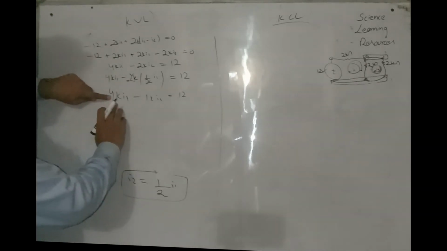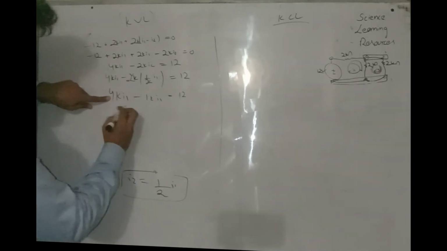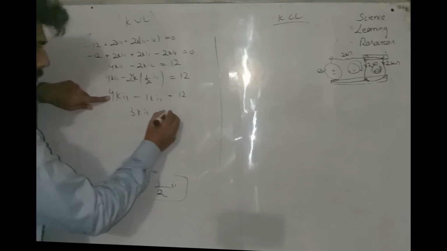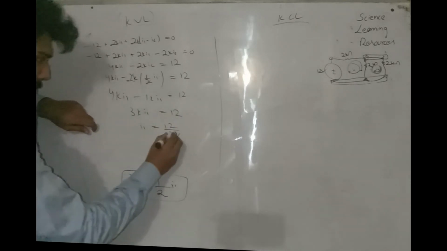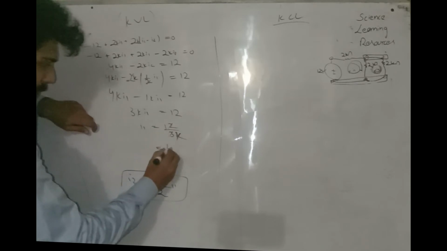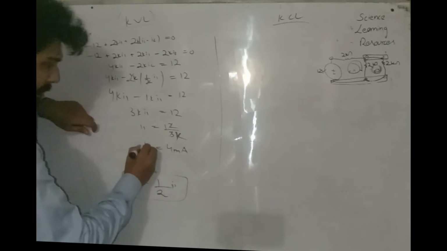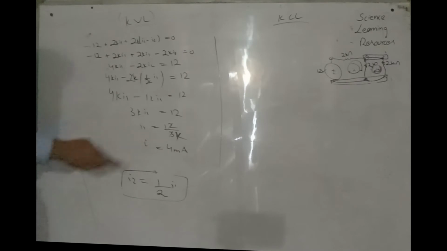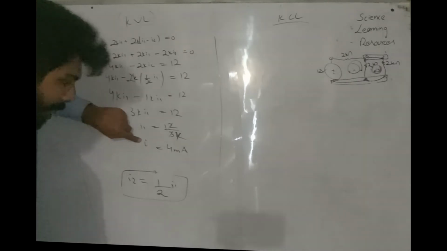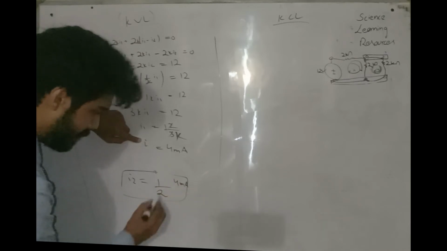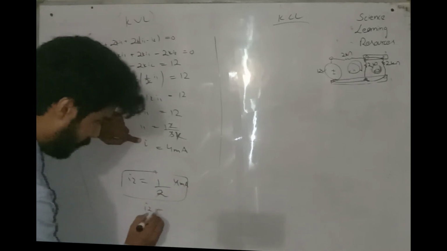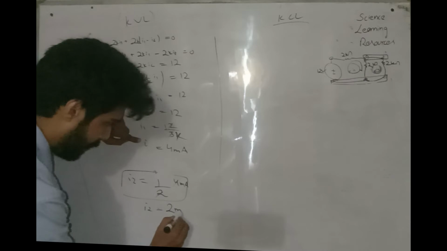Then 4 minus 1, we have 3k I1 equals 12, and I1 will be equal to 12 over 3k. So 3 fours are 12, giving 4 milliamps for I1. After substituting, I2 will be 2 milliamps.